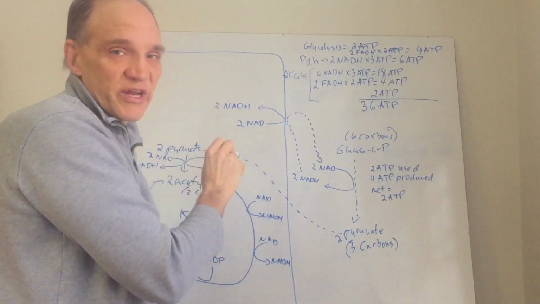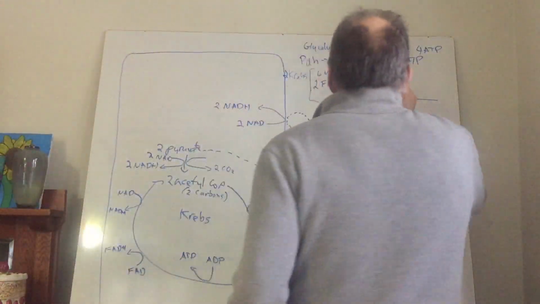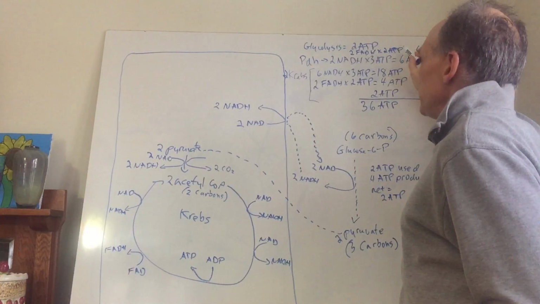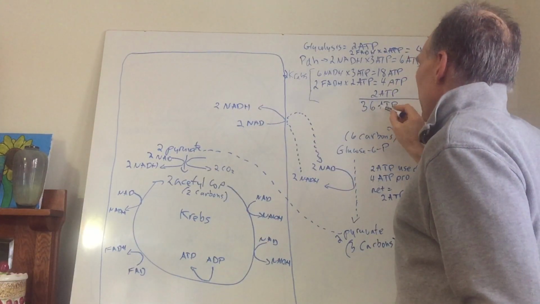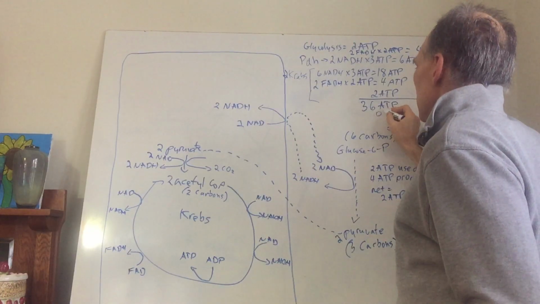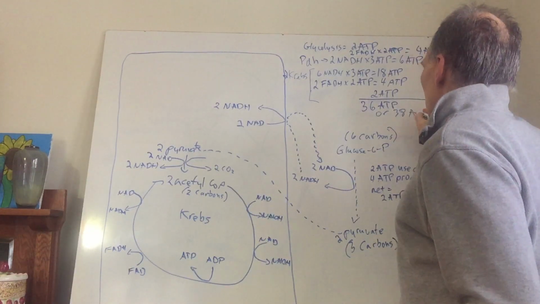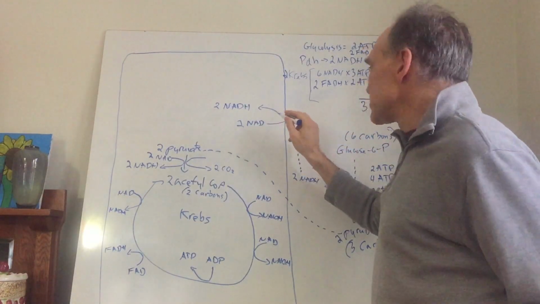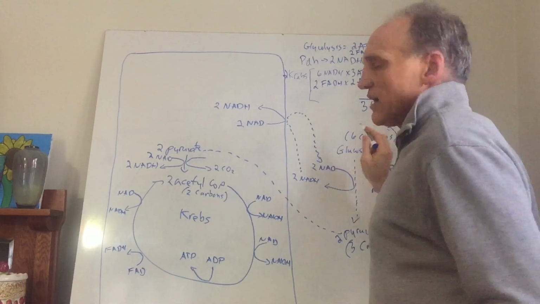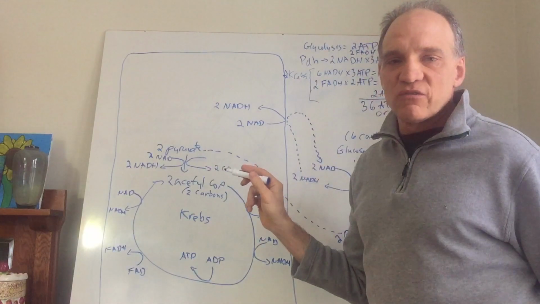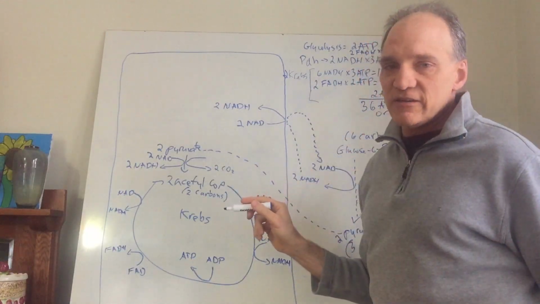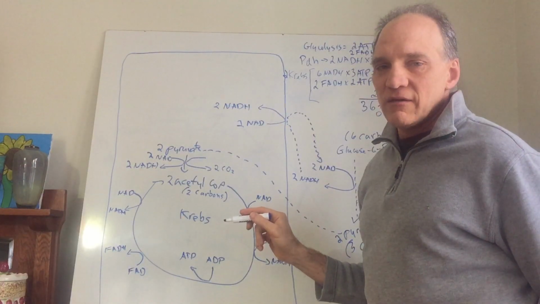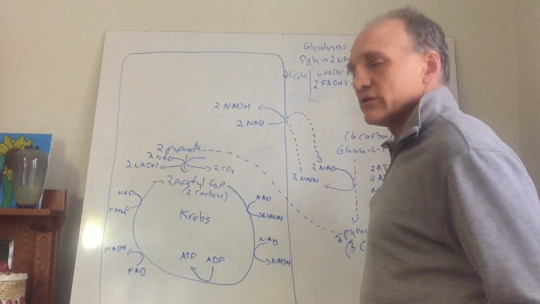That will give you some extra ATPs, and this number would change to 6 ATPs because you get 3 ATP for each NADH, and this would be 38 ATPs. So if you're very aerobically trained and you have this more efficient shuttle system, you can get 38 ATPs out of the oxidation of 1 molecule of glucose instead of 36 ATPs. That's pretty much a summary of where you get all your ATPs from the complete breakdown of 1 molecule of glucose.